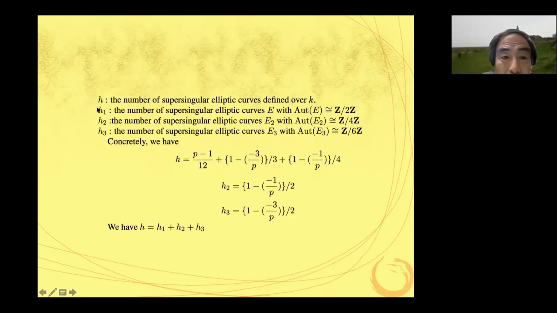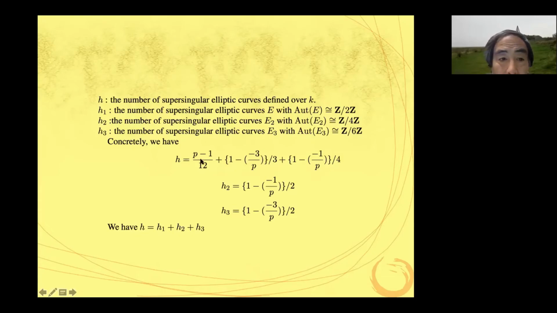We denote by H the number of supersingular elliptic curves, and H1 the number of supersingular elliptic curves E with this automorphism group. H2 is the number of superspecial supersingular elliptic curves with this automorphism group, and H3 the number of supersingular elliptic curves E3 with this automorphism group.